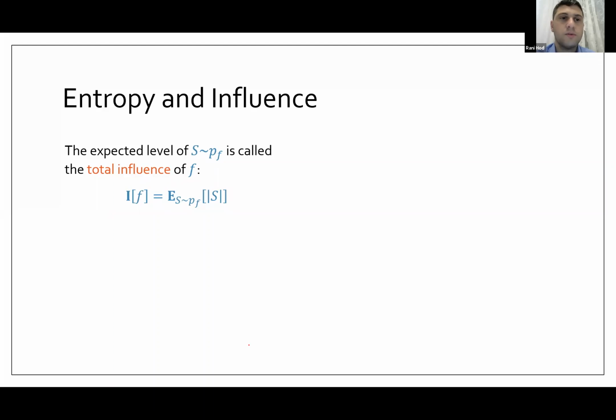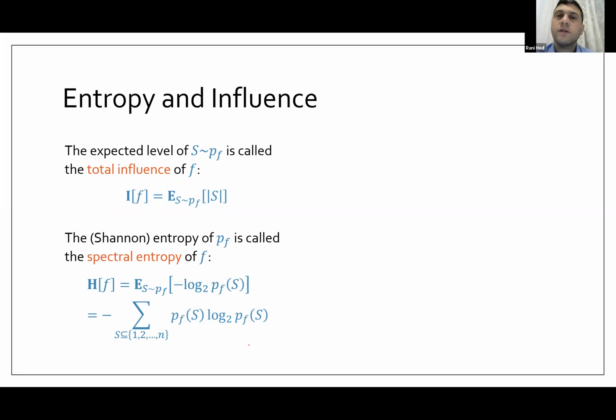So it's somehow close to the expected degree of this function as a polynomial. This is one value we care about, and the other is the Shannon entropy of this distribution. We can calculate this as the sum of the probability times the logarithm of the probability. Both of these will be high when the distribution is spread over many of these sets S.